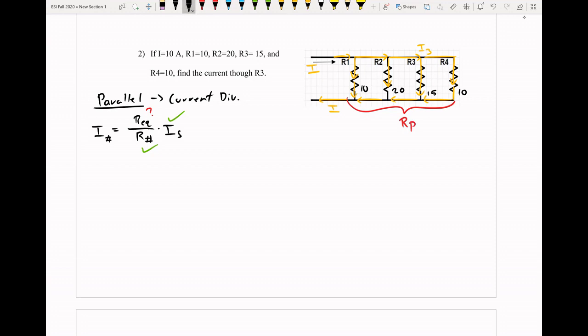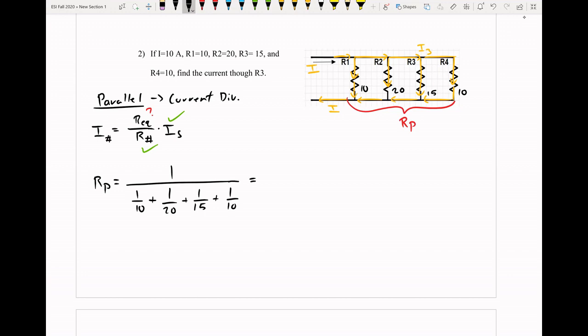So if I write R parallel, this is going to be 1 over 10 plus 1 over 20 plus 1 over 15 plus 1 over 10.